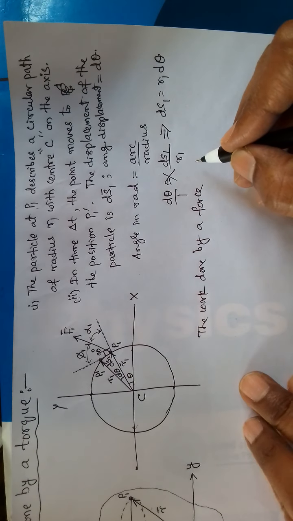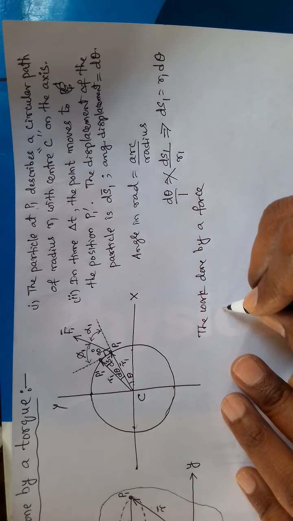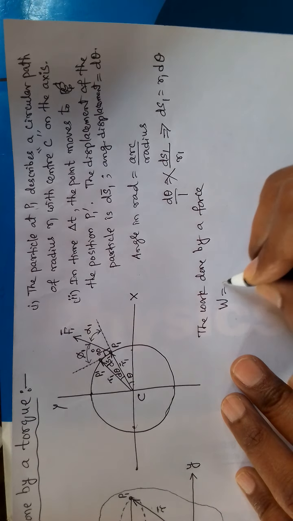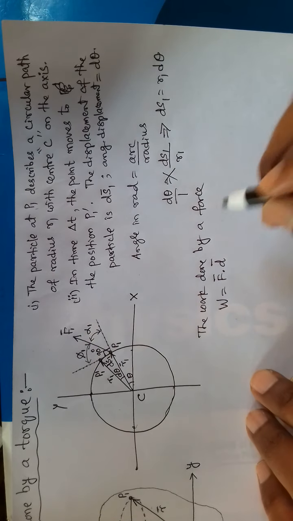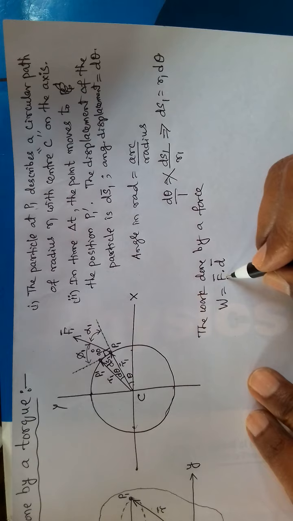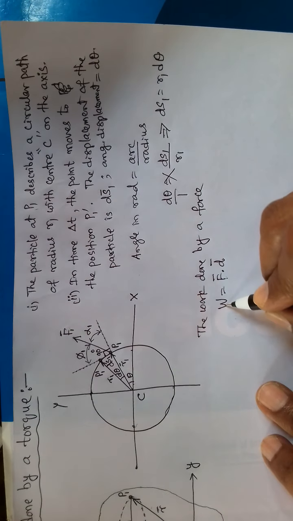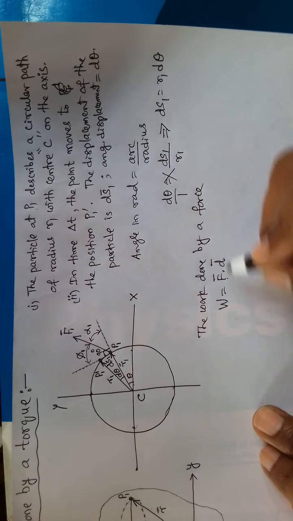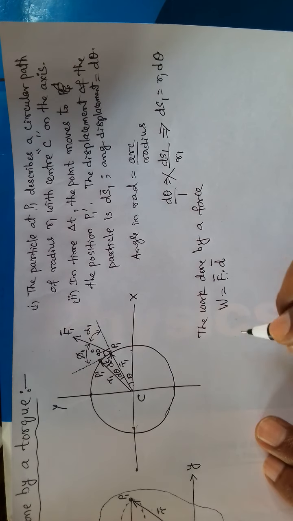How we defined in the previous lesson, work done by a force is defined as W is equal to F dot D. F is force, D is the displacement. Scalar product of force and displacement is called work done. So here let us apply this formula to our present case.